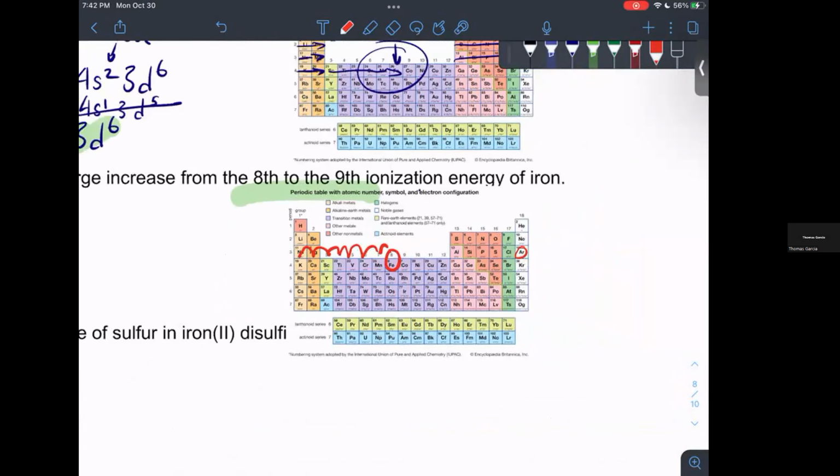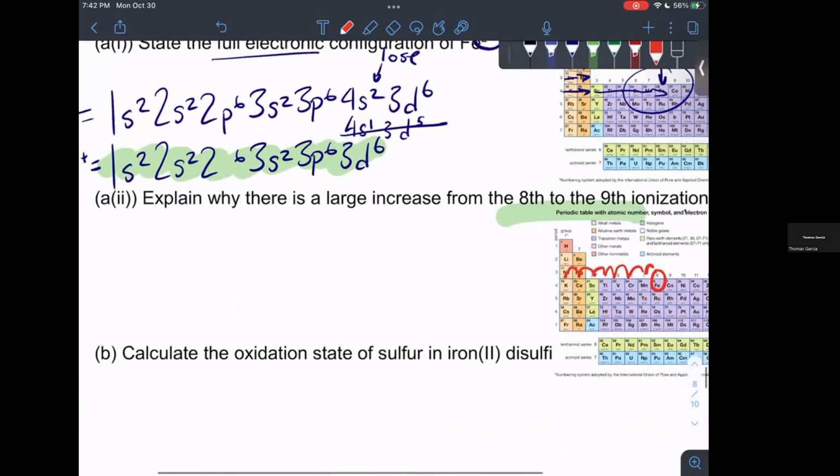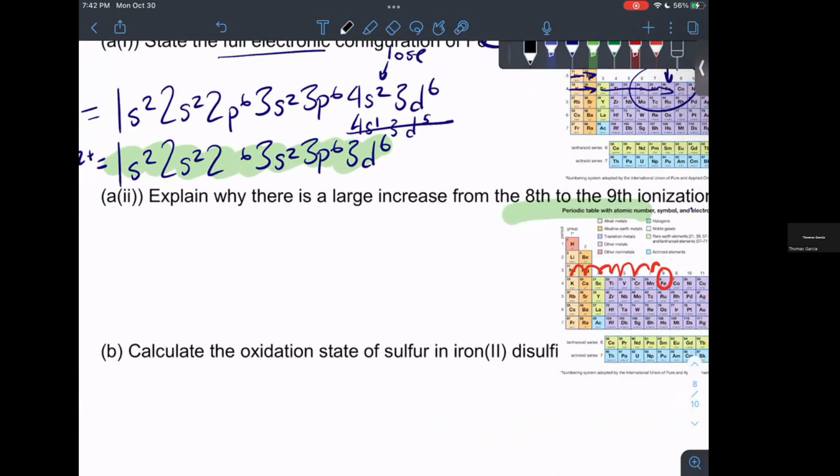So our 8th outer electron basically is the jump from our 1s2, 2s2, oh, I forgot my p here, 2p6, 3s2, 3p6, 4s2, 3d6. These are the first 8 electrons gone. Our 9th electron is coming from here.